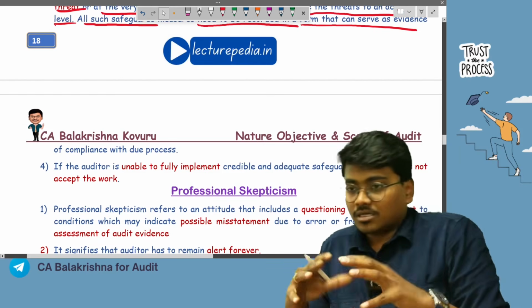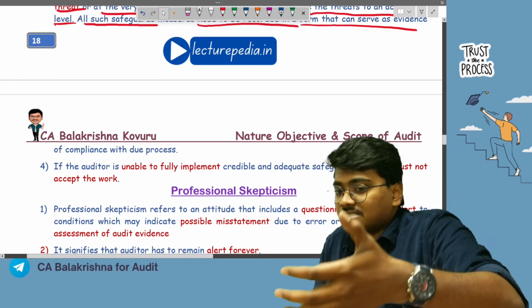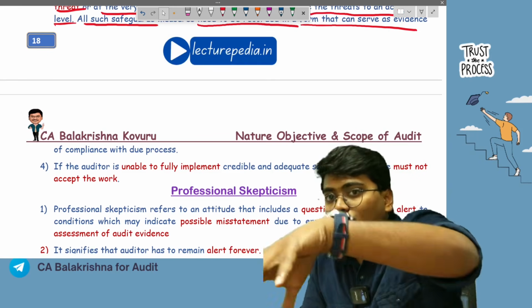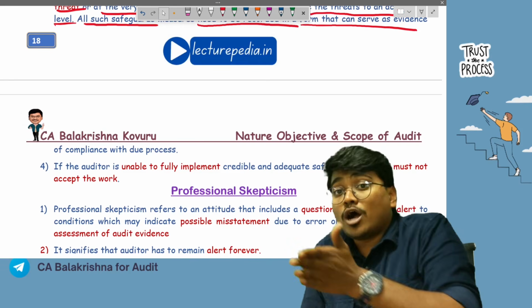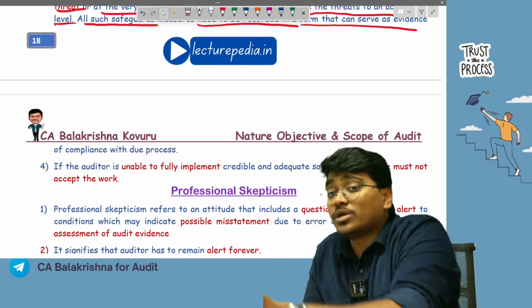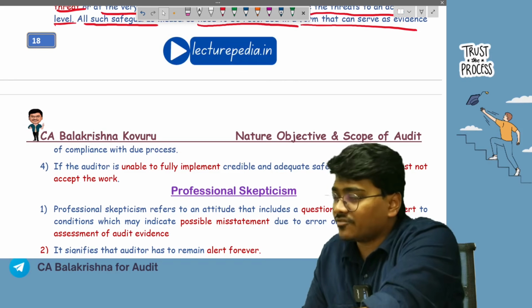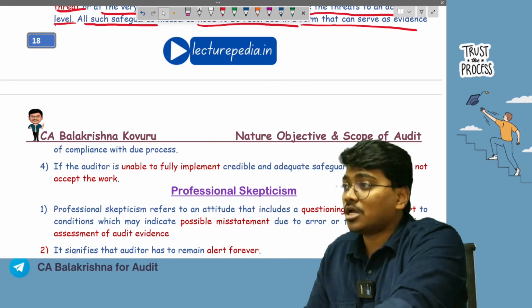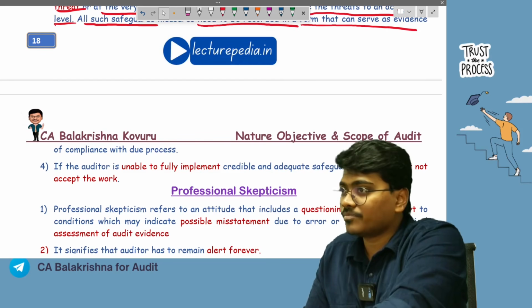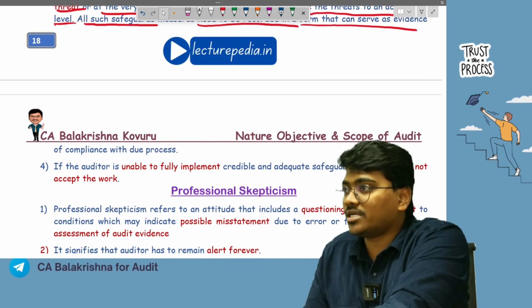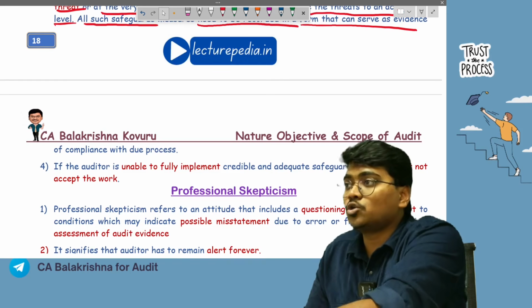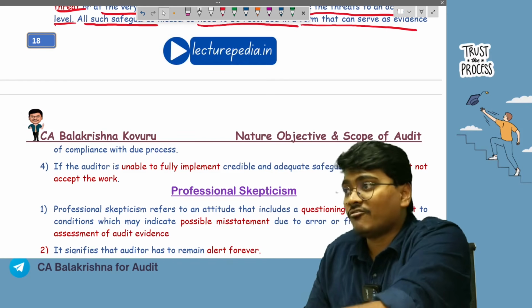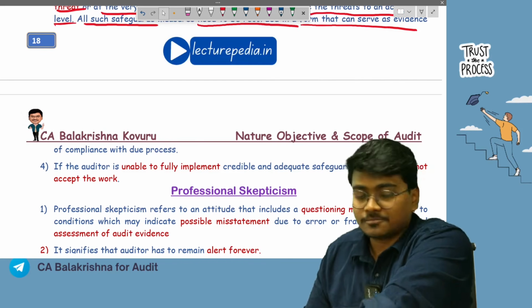So in this situation also, if there is any threat that has been faced, you have to properly record how you have faced the threat and what action you have taken to reduce that threat. It is not sufficient to just reduce the threat; you should also document how you have reduced it. The importance of documentation we will see in SA 230, and the importance of audit evidence we will see in the SA 500 series.